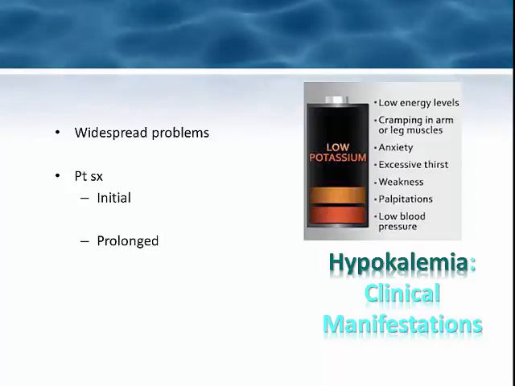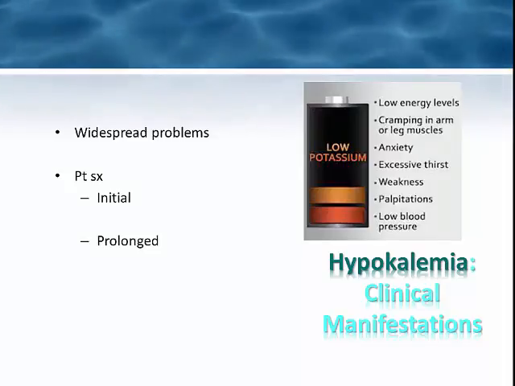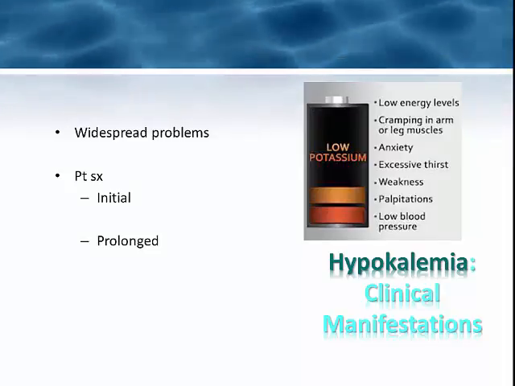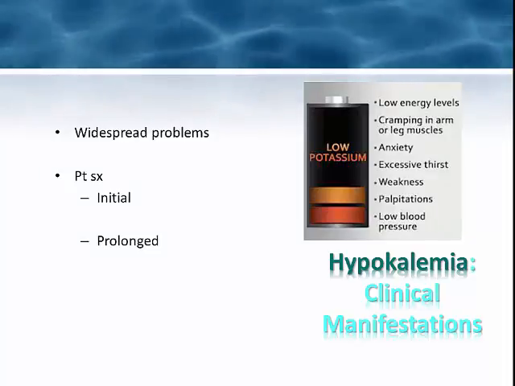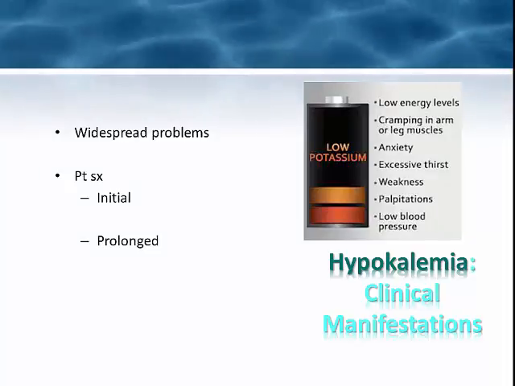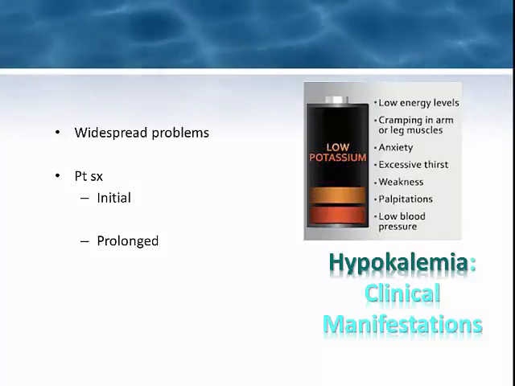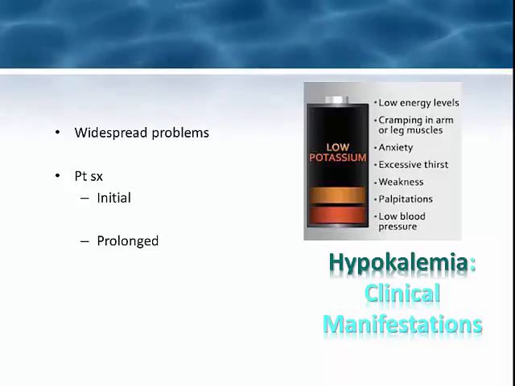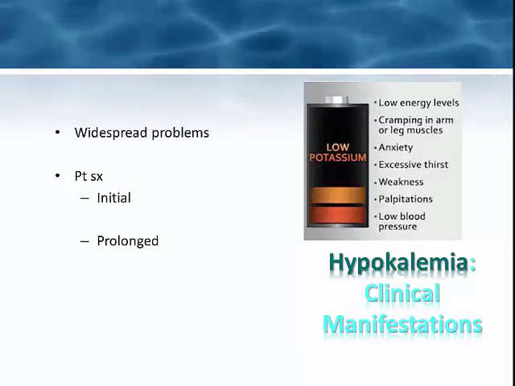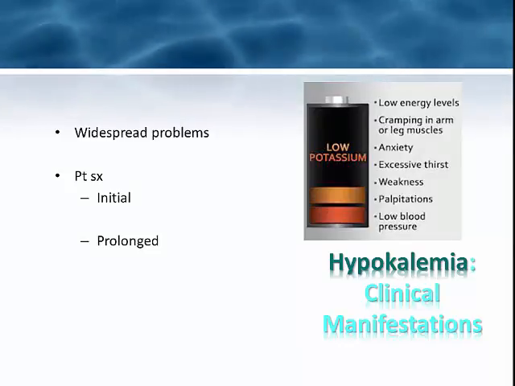Signs and symptoms are fatigue, nausea and vomiting, muscle cramps, paresthesia, and arrhythmias. With prolonged hypokalemia, the kidneys are unable to concentrate urine, which causes dilute urine and excessive thirst. There's a decrease in insulin and glucose tolerance, and EKG changes.